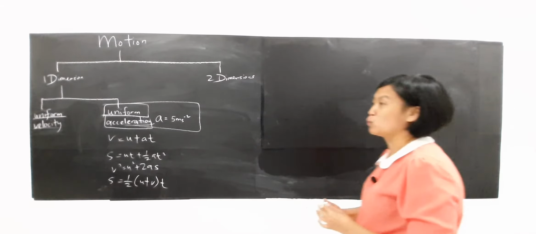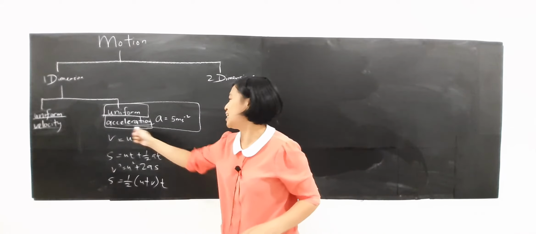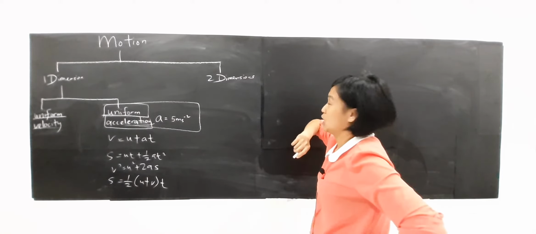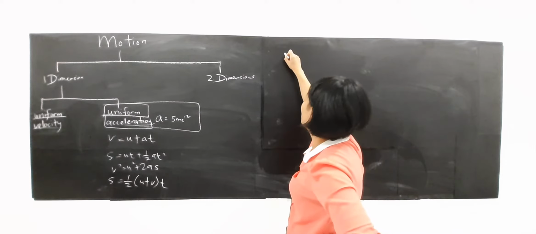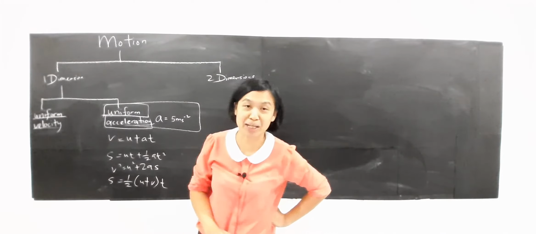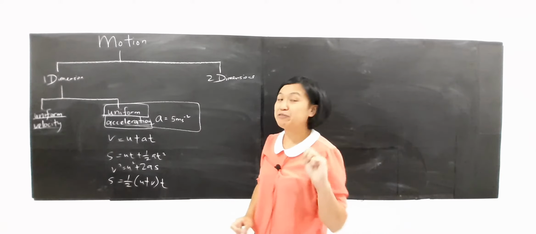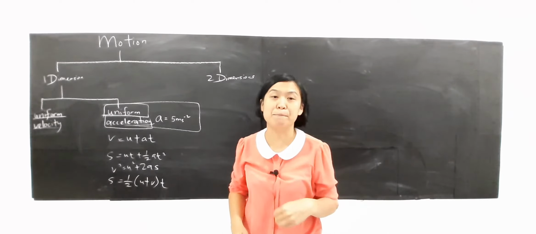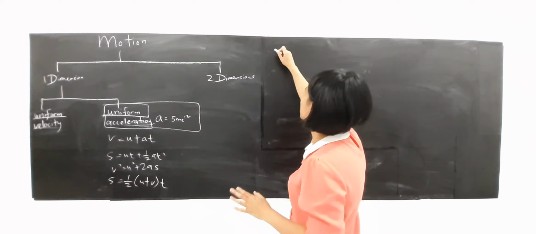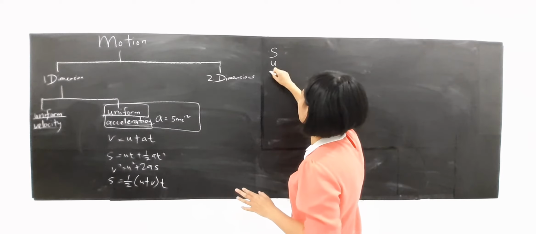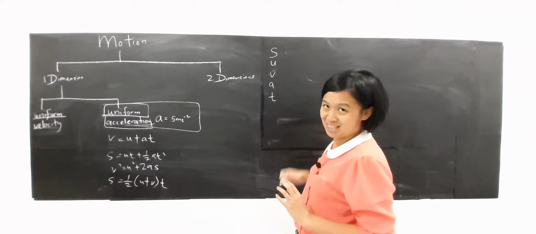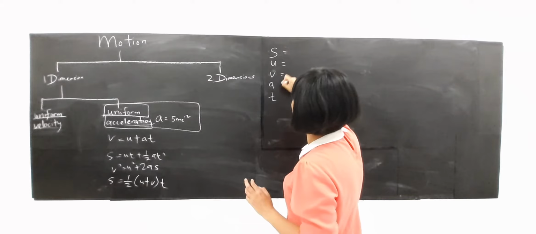In order to solve questions regarding such motion, I will always ask my students to list down what we call SUVAT, because for information, in these 4 equations, there are 5 important parameters. I always tell my students to remember it as SUVAT, S-U-V-A-T. So you see it?